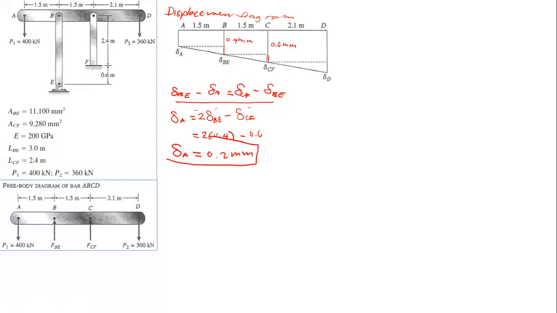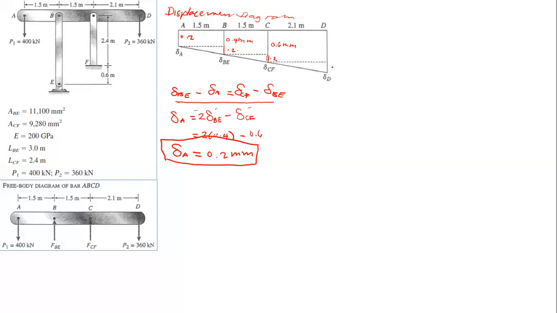So this time, our only concern is the vertical movement at D. Since we got 0.2, this point is 0.2, and this other point is also 0.2, since 0.4 and 0.6 give a difference of 0.2.